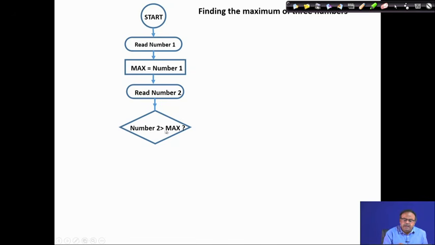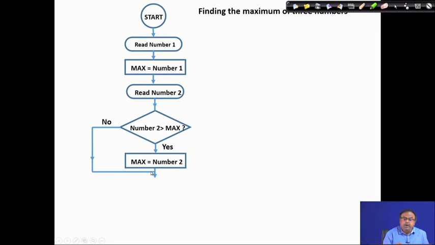If the second number is greater than the max, then number 2 becomes the max. And if no, that means number 2 is not greater than the max, then I skip this part and go out this way, skipping this part.